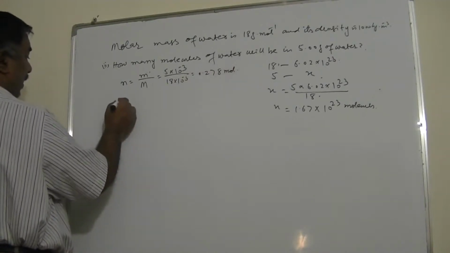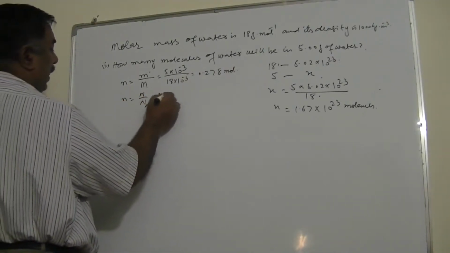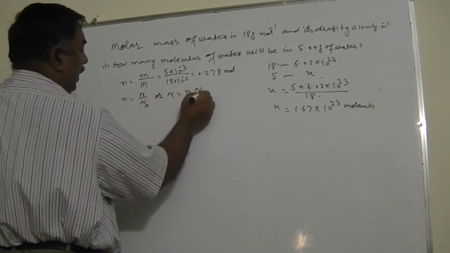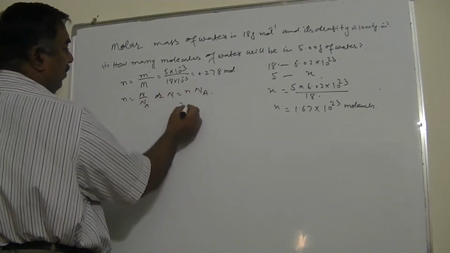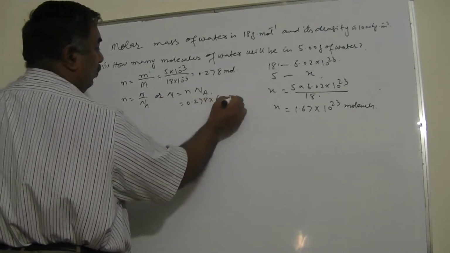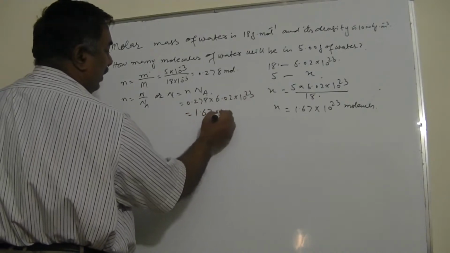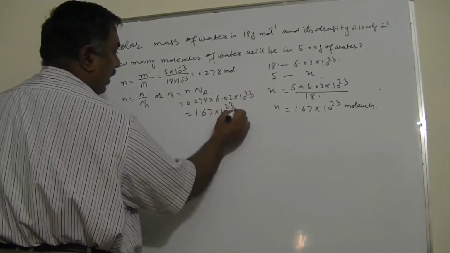Now I can find N is equal to n times Na. Small n, number of moles 0.278, multiplied by Avogadro's number 6.02 into 10 power 23, and you get the same answer, 1.67 into 10 power 23 molecules.